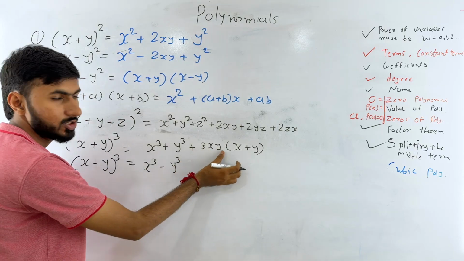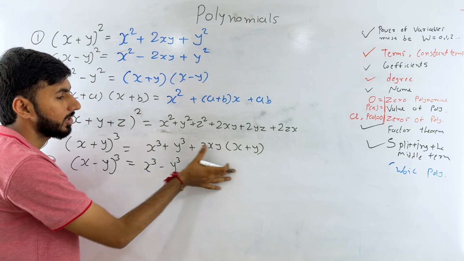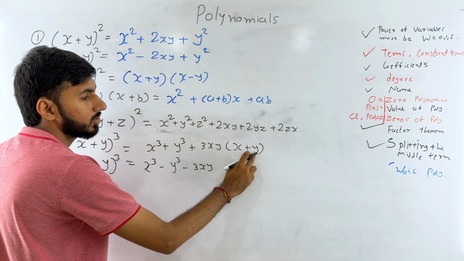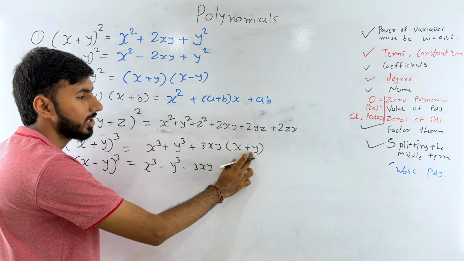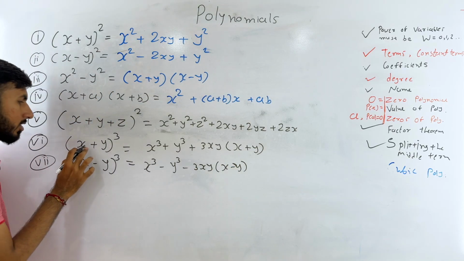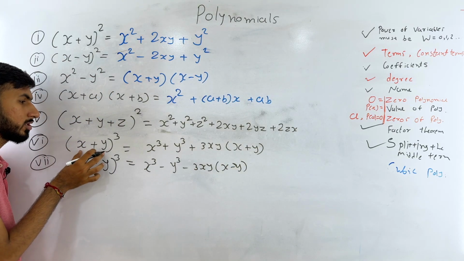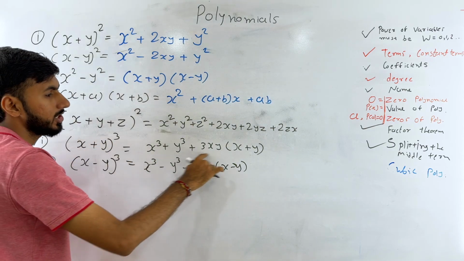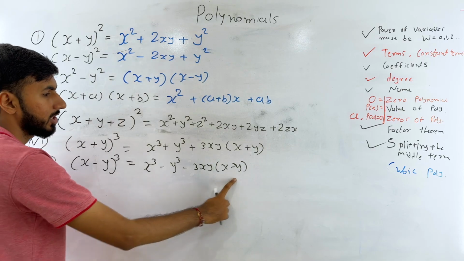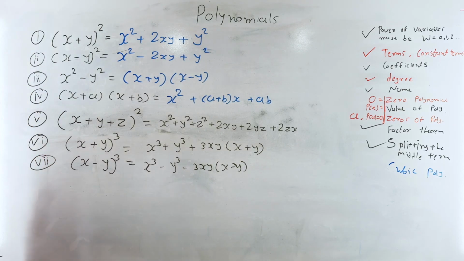Then 3xy, if I write minus y here, then the minus sign will come here. So minus 3xy, right? Then I have plus y here, but I have substituted y equal to minus y, so I can write x minus y. So you can see if I have plus sign between two numbers and cube of them, all the signs are plus in this identity. If I have a negative sign, all the signs are minus in this identity, right?